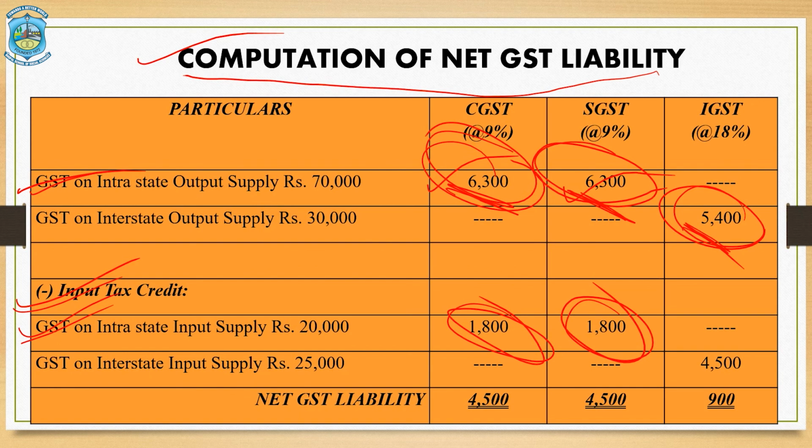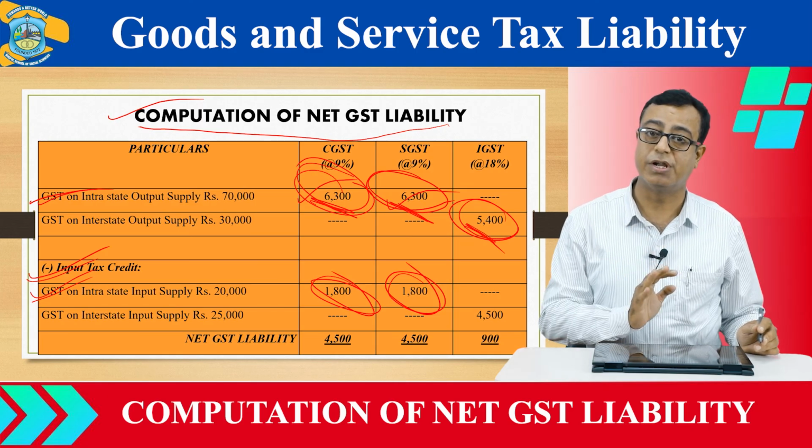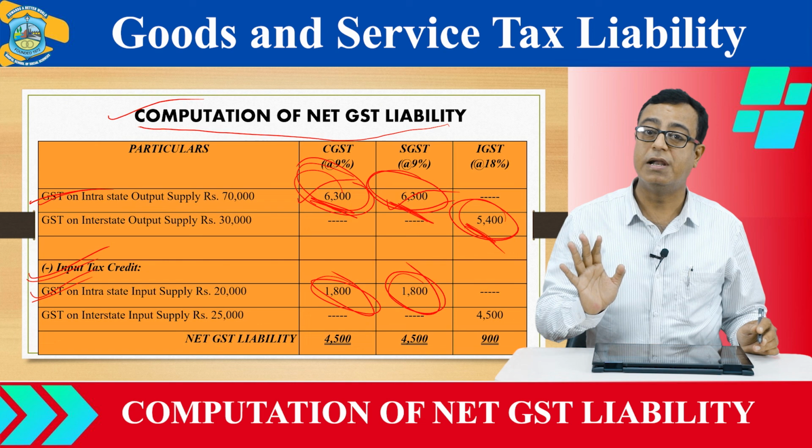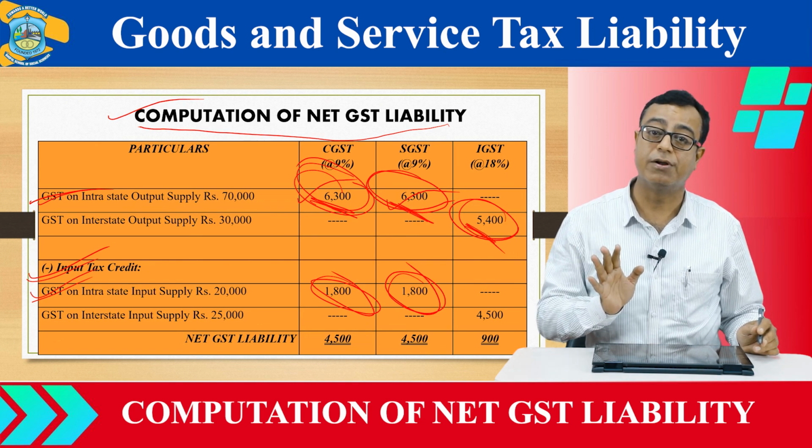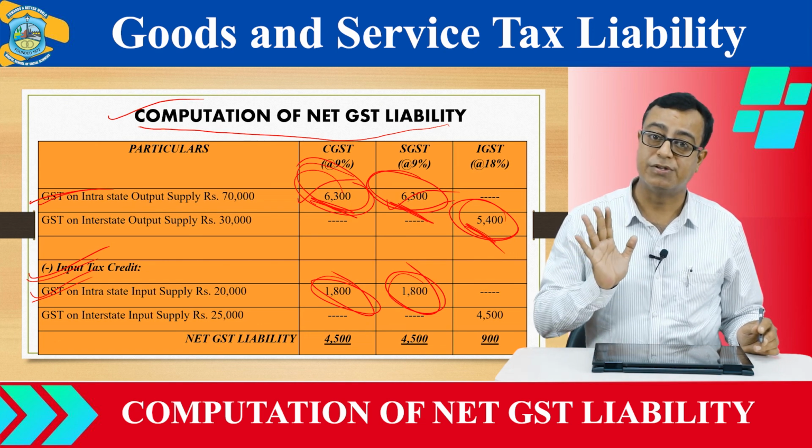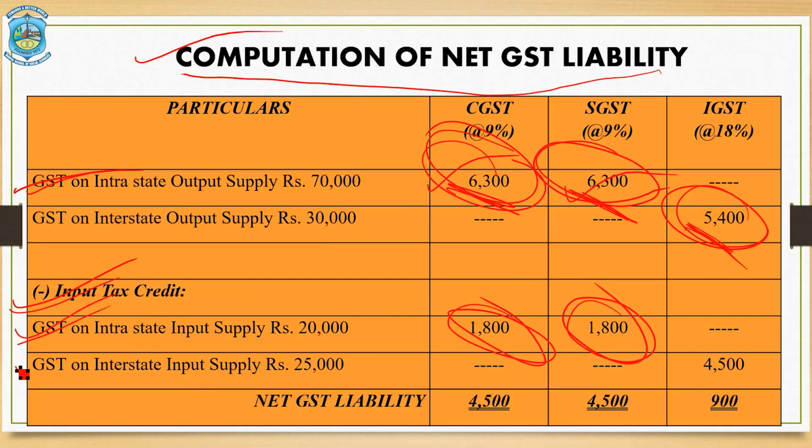Come to the last final step of the question. We are also eligible to get input tax credit on interstate purchase of goods, that is 25,000, and 18% of 25,000 will be 4,500. These are ITCs that we can adjust from the gross GST liability. Here comes the final answer.